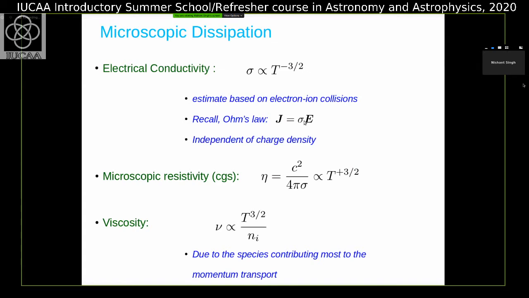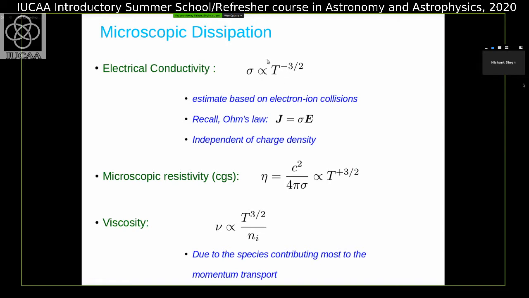And then you appeal to the electrostatic interaction, which is the energy that the electron must overcome for a strong interaction, when it comes very close to the ion. So the electrostatic potential energy is Z e squared divided by the impact parameter b. If you do all that, it is not that hard to get to an expression where sigma turns out to be proportional to T to the 3/2.